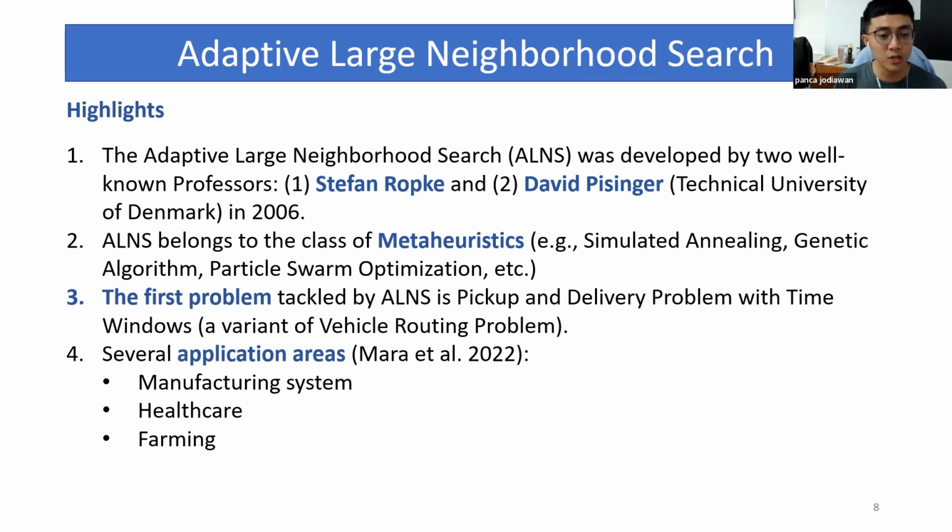I have put the references at the end of the presentation. Maybe later you could see the name of this paper, Mara et al. in 2022. There are several application areas such as manufacturing systems, healthcare, farming, etc.